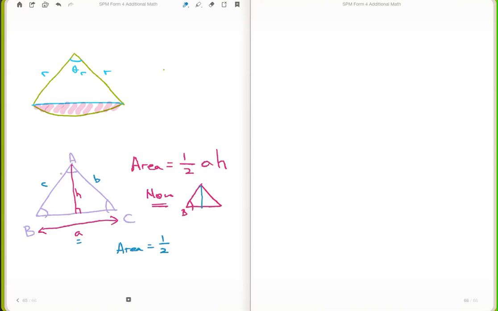I would call this A times C sine theta, where this is the h length.